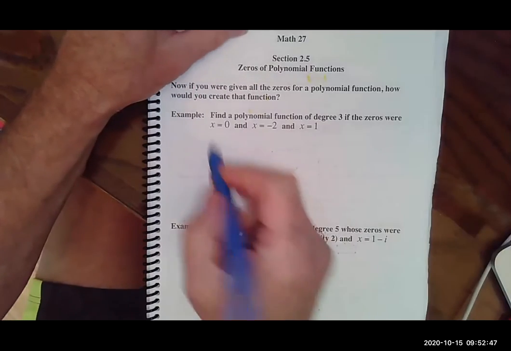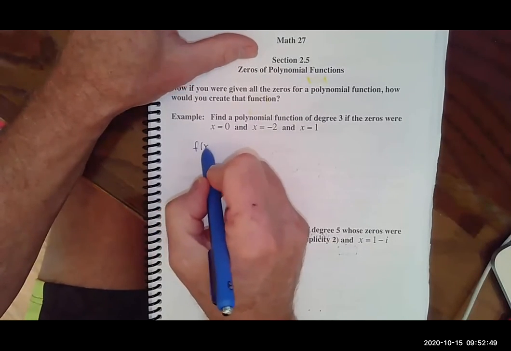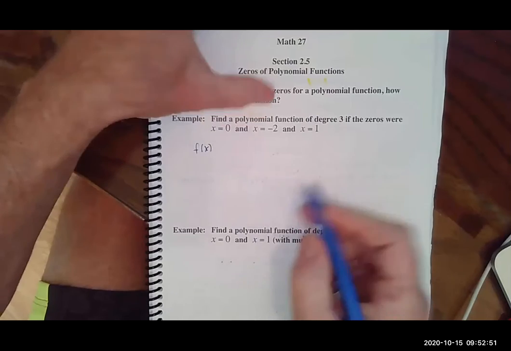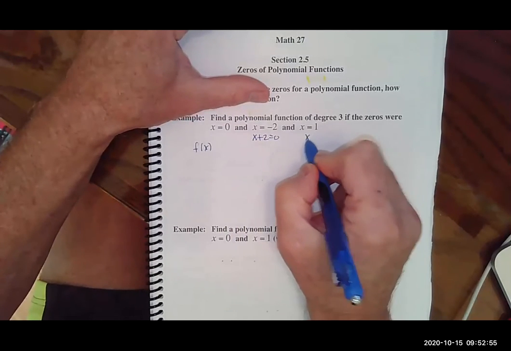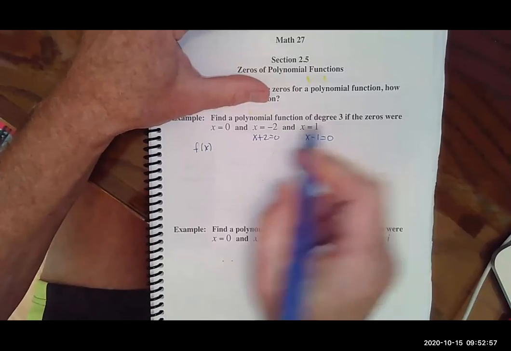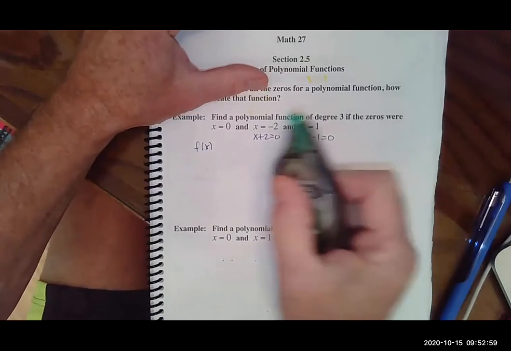So this one here, let's say I want to do f of x. Okay, factors, this would have to be x plus 2 equals 0. X subtract 1 is equal to 0.